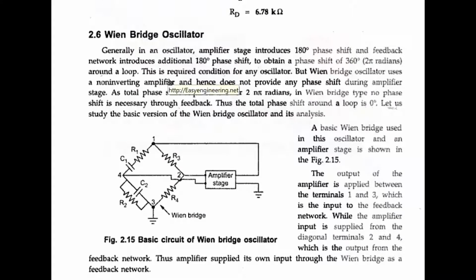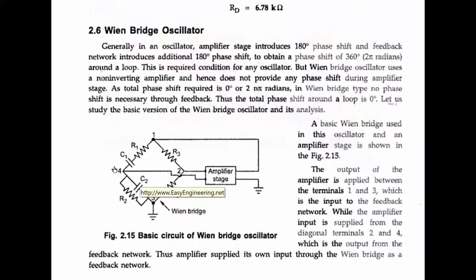Generally in the other oscillators, the feedback network provides 180-degree phase shift. However, in your Wien-Bridge oscillator, the feedback network, which is this one, is providing 0 or 360 degrees. So how does this work?